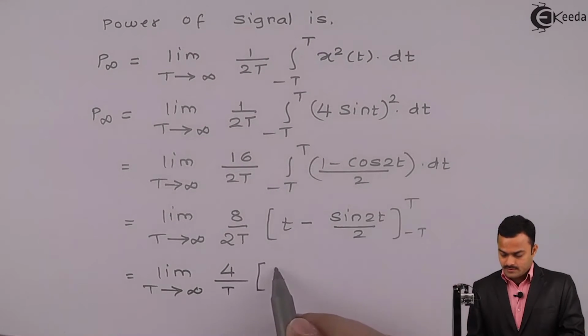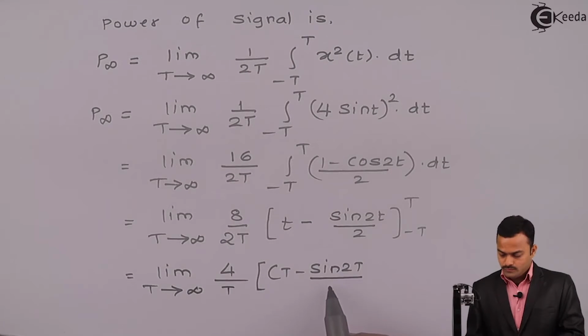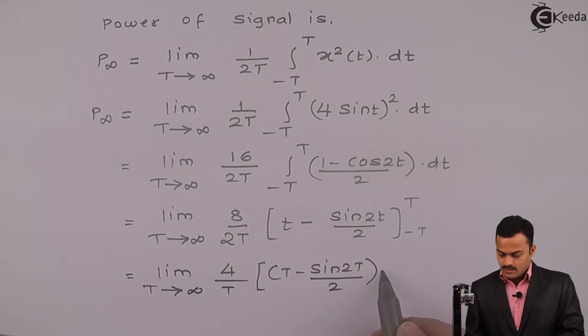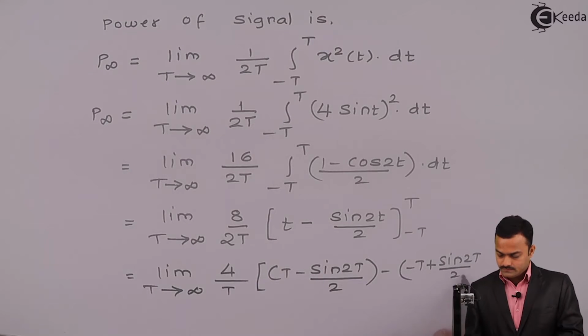The upper limit gives T minus sine 2T by 2, and the lower limit will give you minus T plus sine 2T by 2.